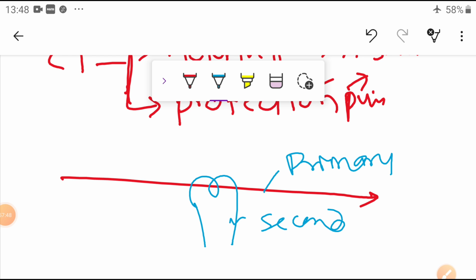The current transformer is basically a step up transformer: a single turn in the primary, and more turns in the secondary. Step up current.